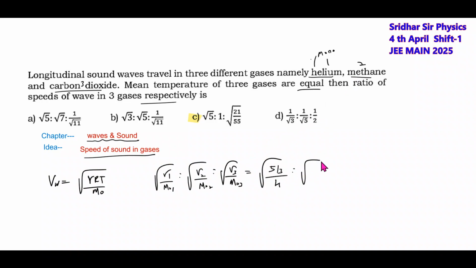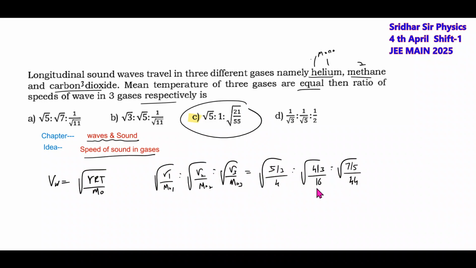Gamma for methane will be 4 by 3, and molecular mass is 16. Carbon dioxide is treated like diatomic, 7 by 5, and molecular mass will be 44. Solving this, we'll get the required option.